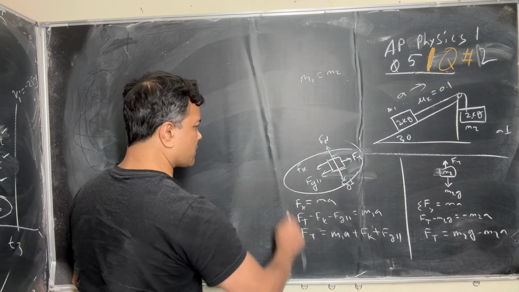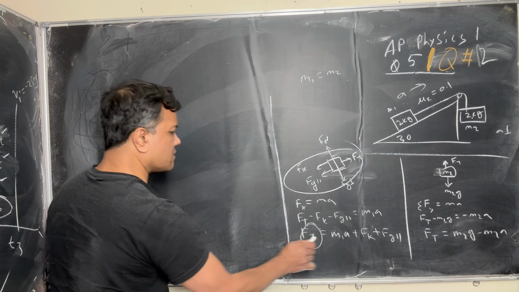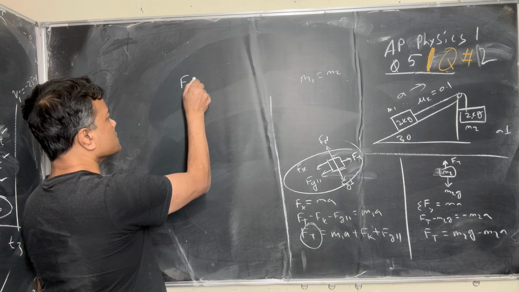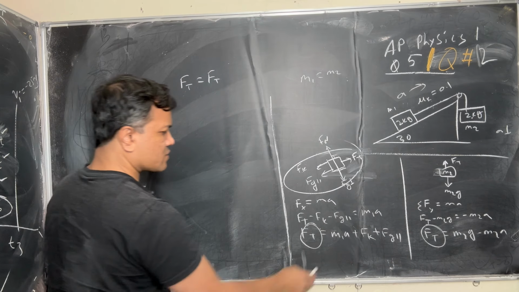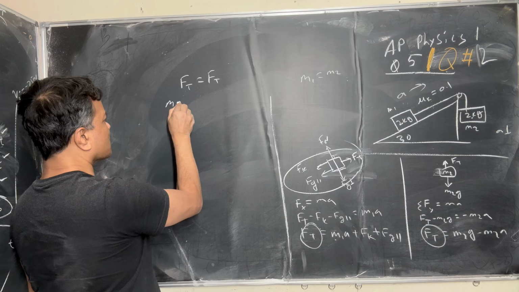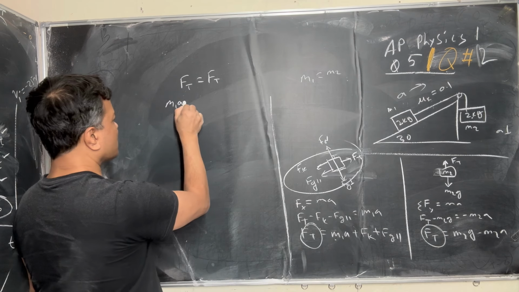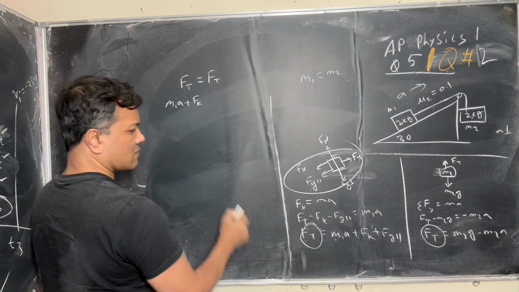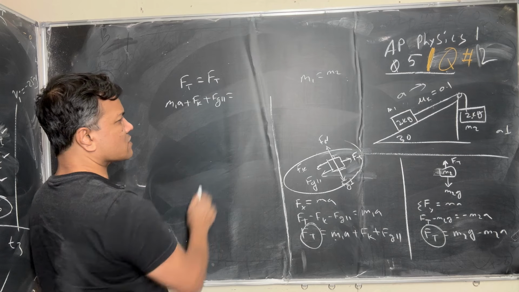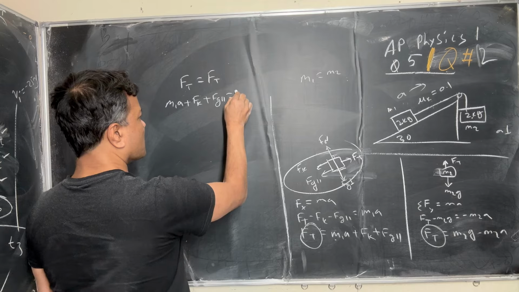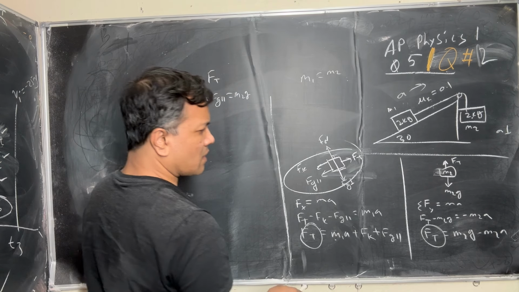So we have Ft over here. So now we're going to say Ft is equal to Ft. All right, so m1a plus Fk plus Fg parallel is equal to that, m2g minus m2a.